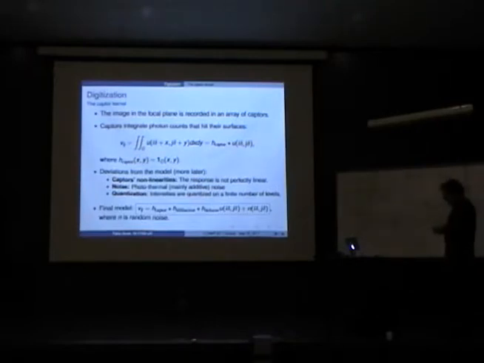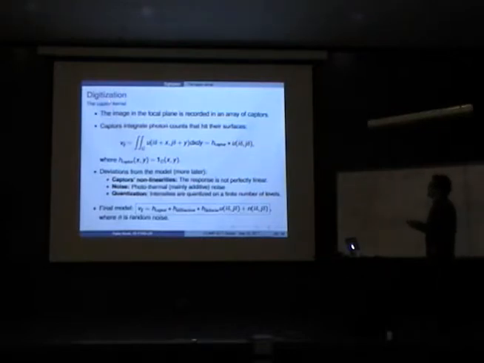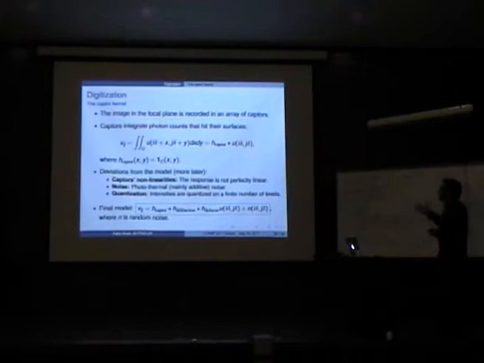Finally, we have the digitization process, which consists in, so now we have the image that arrives to the focal plane. We have an array of CCDs there, and we have to see what these captors get, and then what the captured image is.